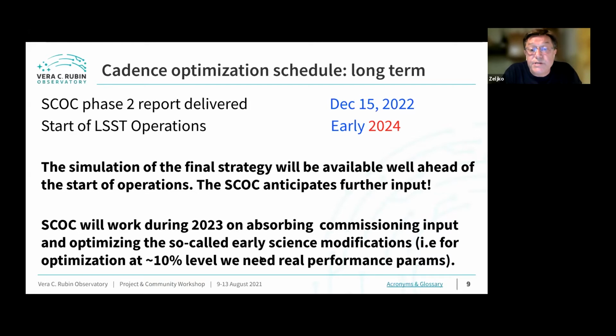In this case, you would want to adjust exposure time per band to some extent, depending on what we find. So there will be more optimization, but again, it will not be anything fundamentally changed in the survey. These will be at the few percent level optimization. The basic strategy that we will propose in the phase 2 report will be maintained, modulo early science modifications for the first 6 months.